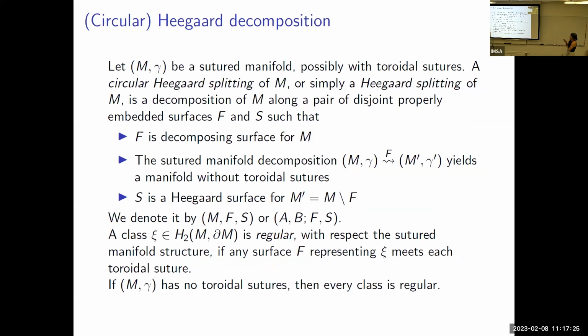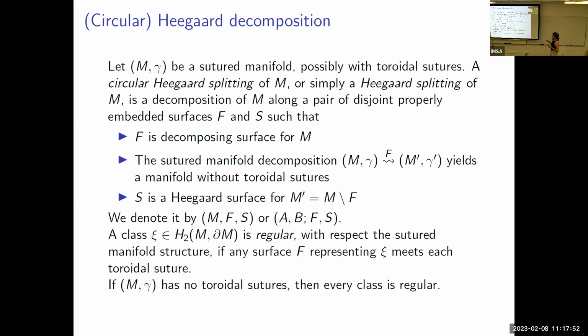We have a sutured manifold, and possibly it can have toroidal sutures. We take two disjoint properly embedded surfaces F and S in the sutured manifold with these conditions.